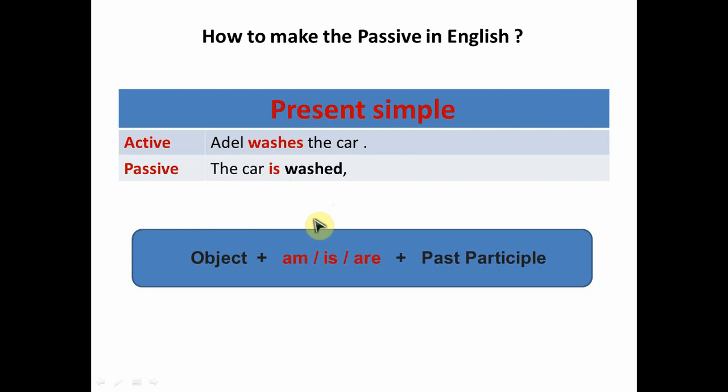So the car is. Then step number 5, we have to put the main verb of the active sentence in the past participle. So the car is washed, because wash is a regular verb, so I have to add ed at the end of the verb. The car is washed. So the form here is the object plus am or is or are plus past participle.